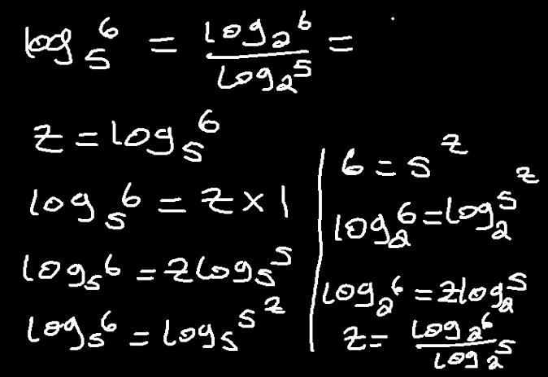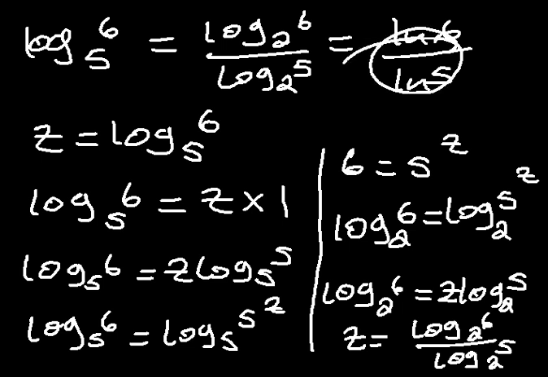It means log 5 of 6 is the same as log 2 of 6 divided by log 2 of 5, which is the same as ln 6 over ln 5. So keep that in mind.